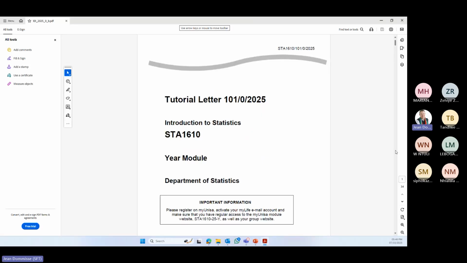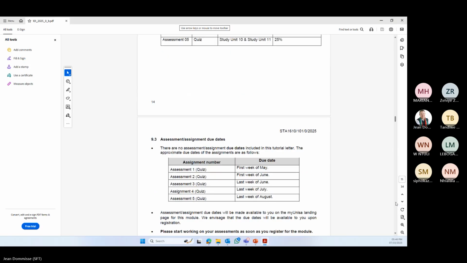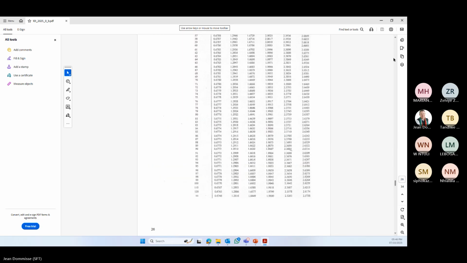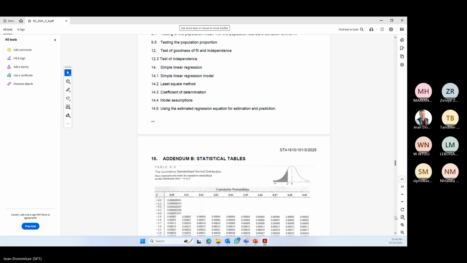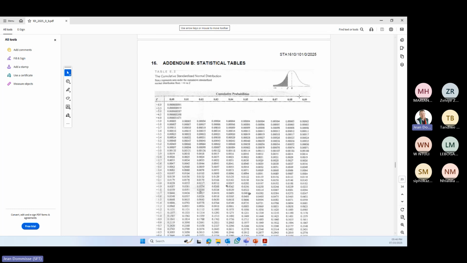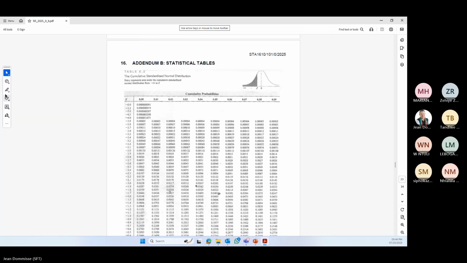Okay, so here we go. So if there's minus 2.8 there, we can get this area. So let's check minus 2.8.